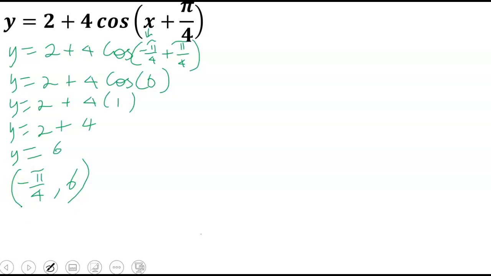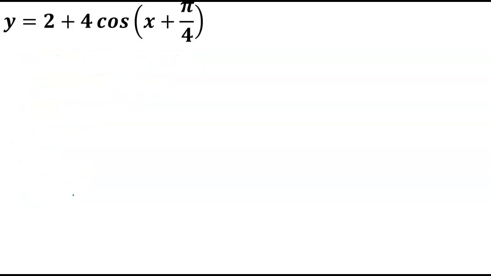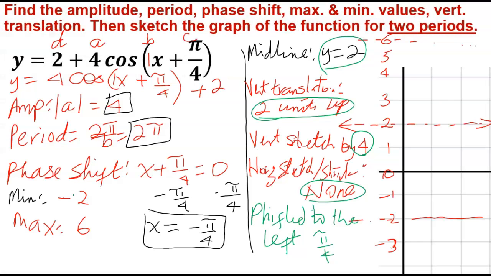So this is one point we have on our graph. We are going to find whether this point is the maximum or minimum. Then from there, we locate the rest. Pi over 4 is here, 6 is up, so it's exactly at the maximum.